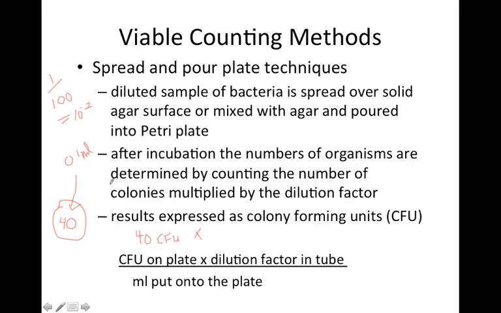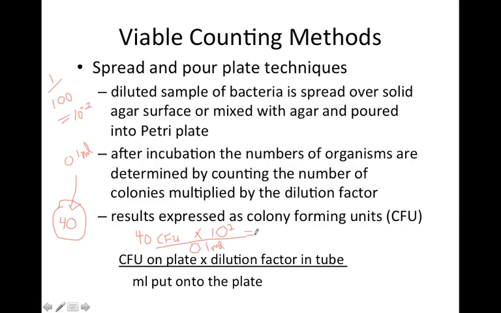If I took from a dilution tube that was 10 to the negative 2, make that negative bigger, and I took 0.1 mils of it and spread it out onto this plate, I would then say that I times it by 10 to the 2, so I take out the negatives because I have this on the top here. And then I would divide it by the amount of mils that I put on the plate. I put 0.1 mils on this plate to spread it out. So I would put 0.1 mils here, and that's where you get your units from.